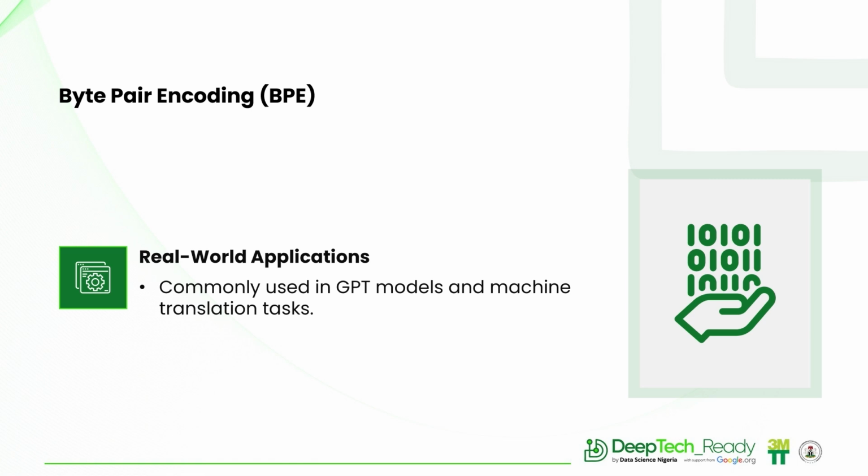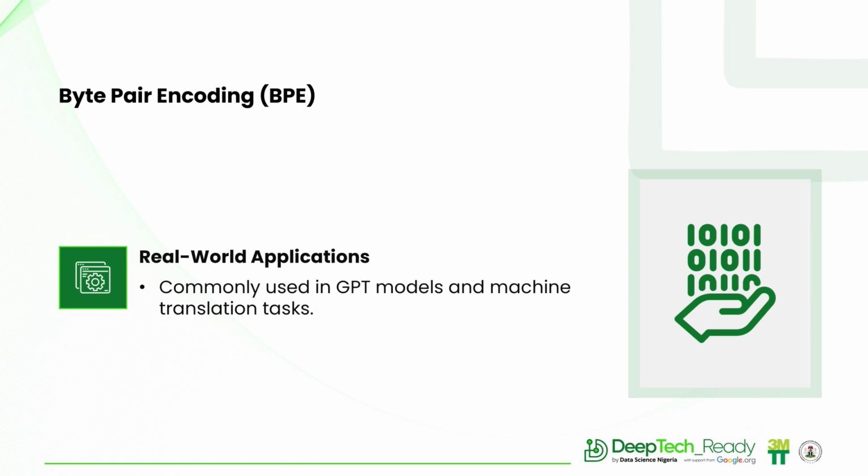It is also heavily used in machine translation tasks because it allows the model to handle a wide range of languages and dialects. It does that by focusing on subword units as opposed to the entire word, which might be missing in smaller training datasets. BPE is also very helpful when dealing with a lot of out-of-vocabulary words, OOV, or languages that have complex word formations.